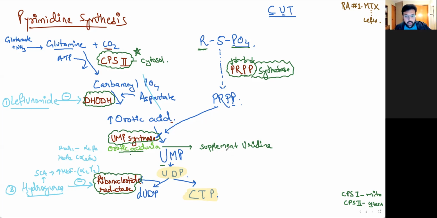Okay, now, so this is your pyrimidine synthesis. We made UDP, we made CTP. Now I'm going to write a mini version here. Just continue in your chart in parallel fashion. I might switch to another board because I don't have space here. I don't want to erase this. So I'm going to write down a mini version: let's say you have dUDP, that's deoxy UDP.